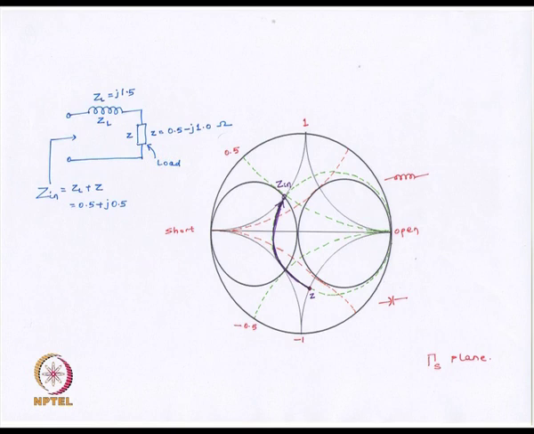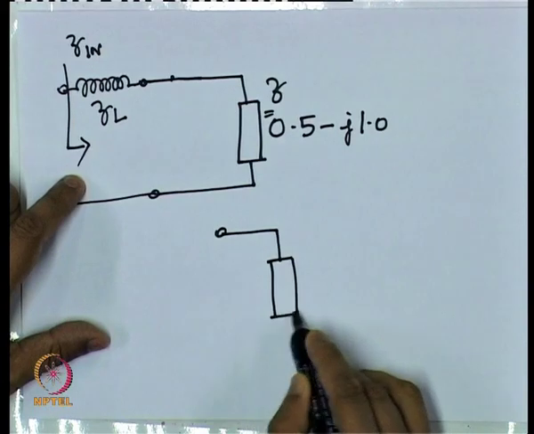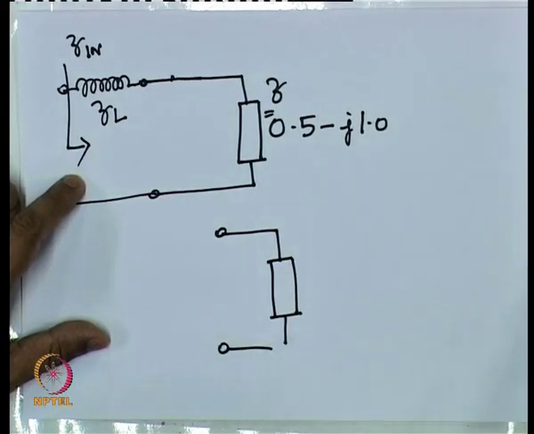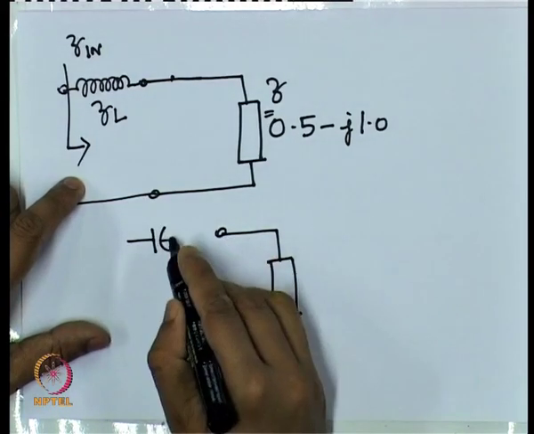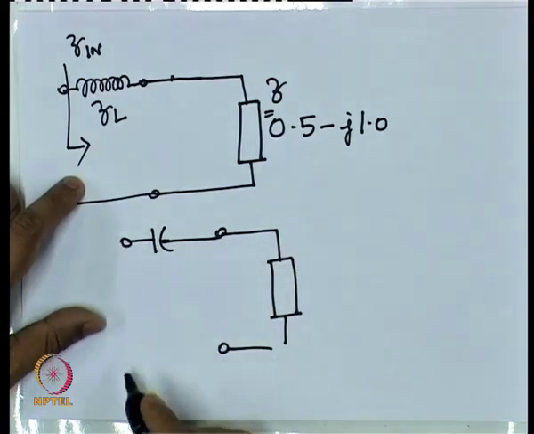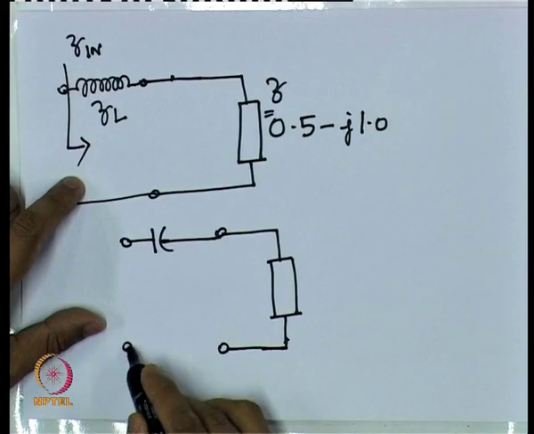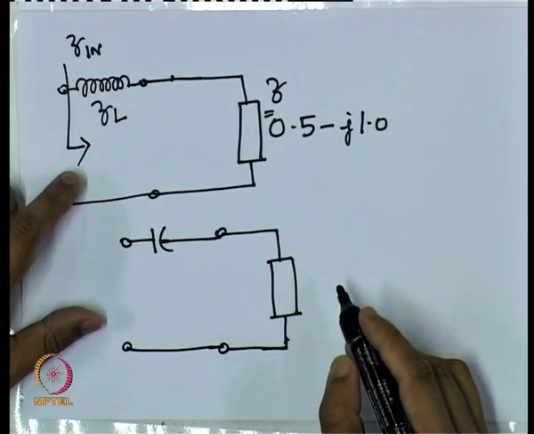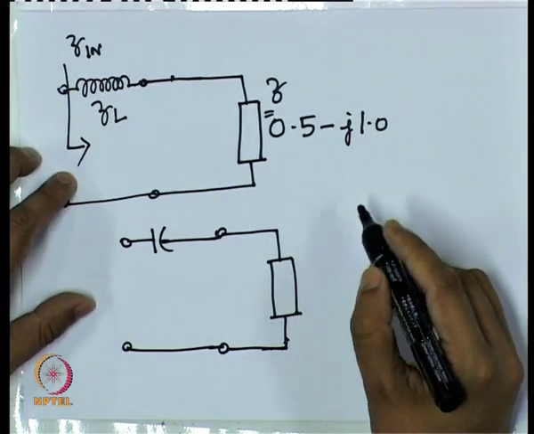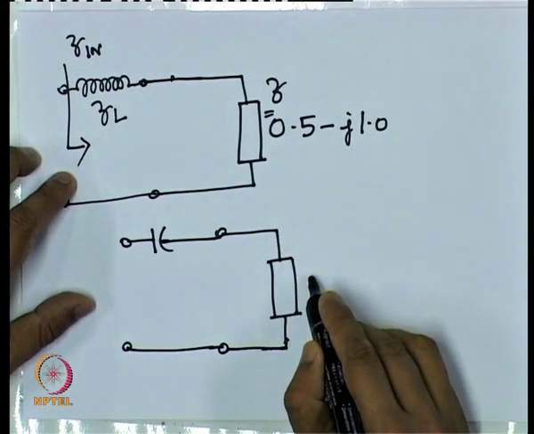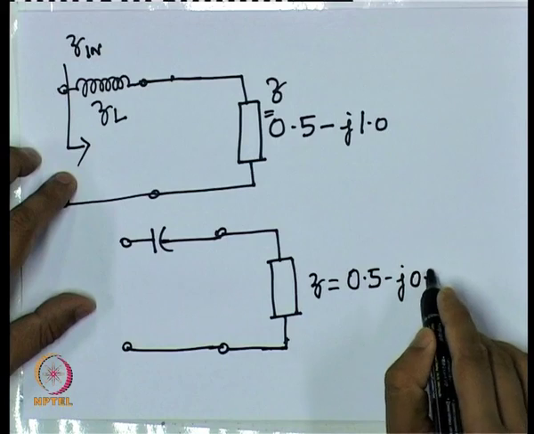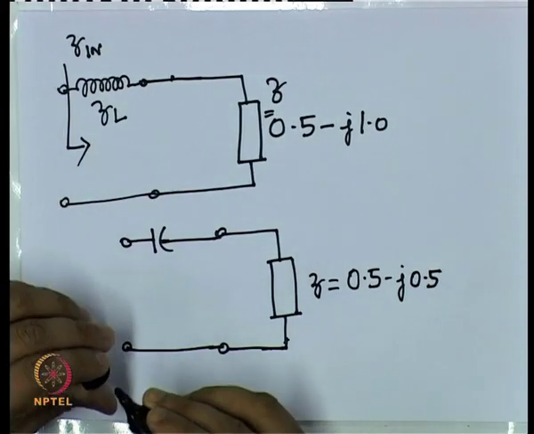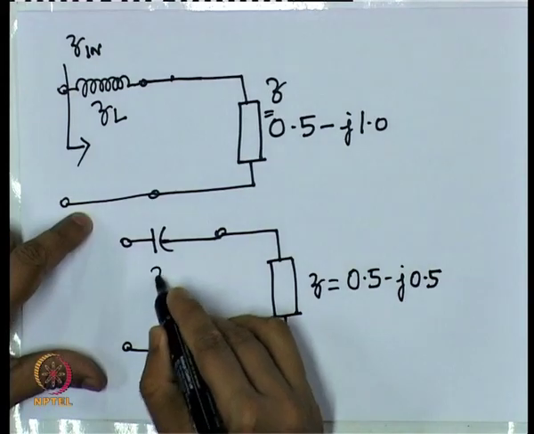Now let us consider the other case. Suppose we have the same load Z, but now instead of an inductor we have a capacitance in series, ZC.